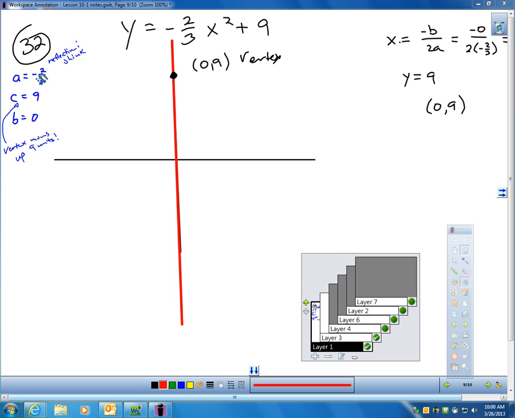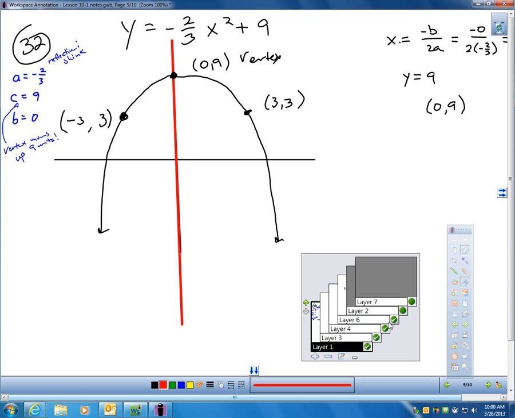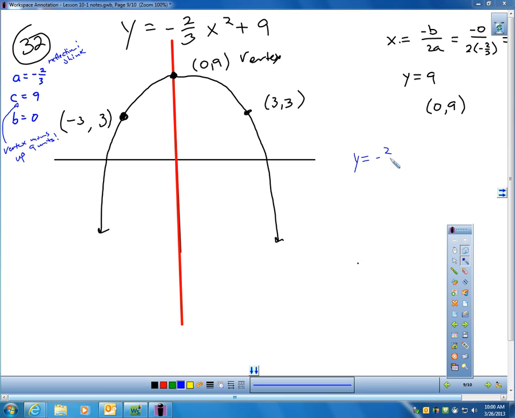And then the -2/3 is telling me that this should open down, and it should open more widely. It's being shrunk. So opening down and more widely. And then remember, since I have a fraction and 3 is in the denominator, if I plug 3 in for x, it's going to make this fraction disappear. Let's actually work that out so you can see it. So I have y equals -2/3 x squared plus 9.